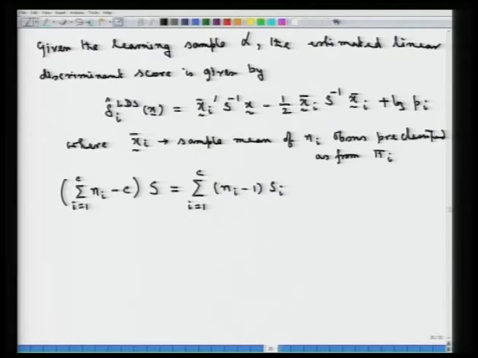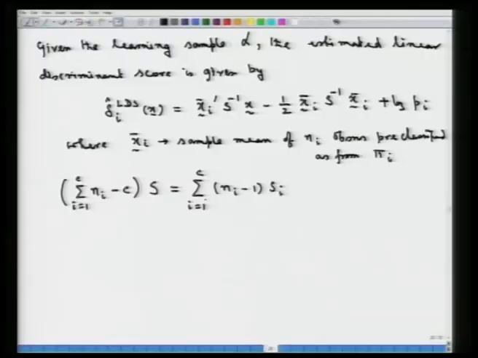When we have two populations, we say that N1 plus N2 minus 2 times S, the S being the pooled sample variance covariance matrix, is equal to N1 minus 1 times S1 plus N2 minus 1 times S2, and hence this is the generalization of that. So, we have this S matrix to be the pooled sample variance covariance matrix.